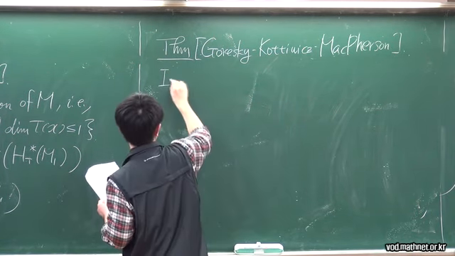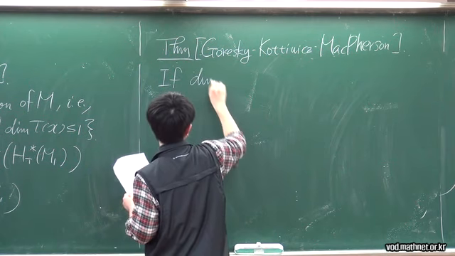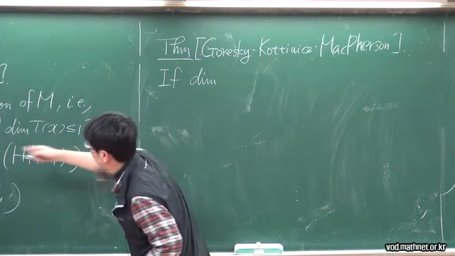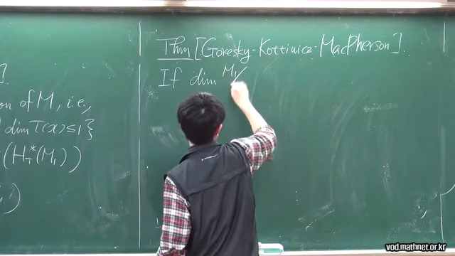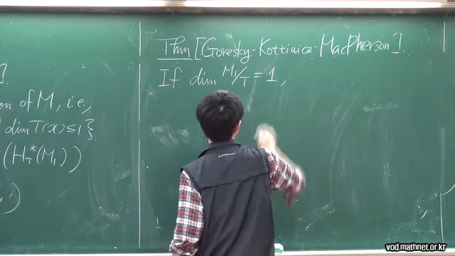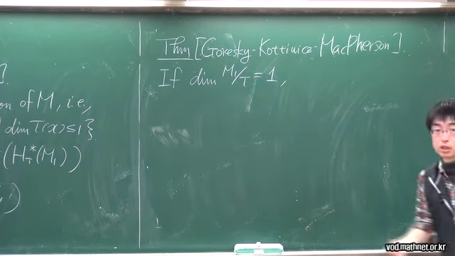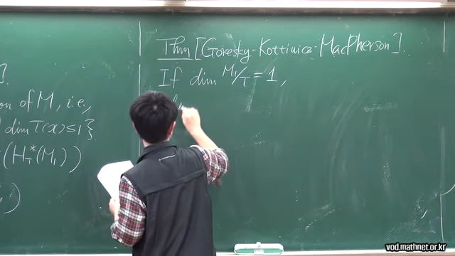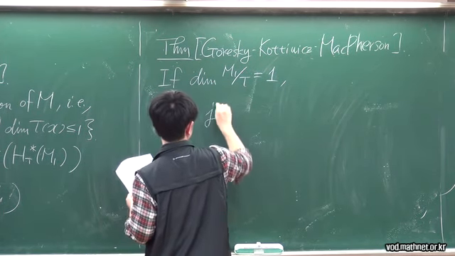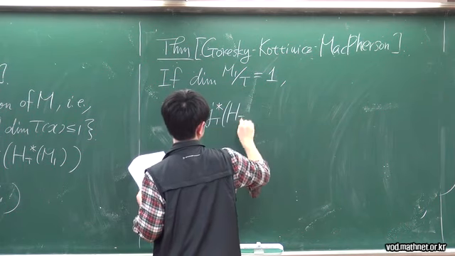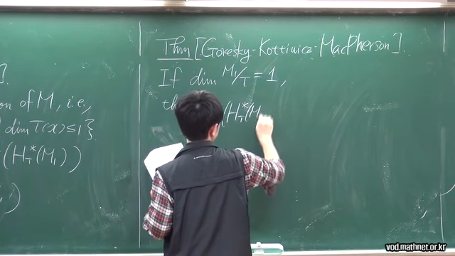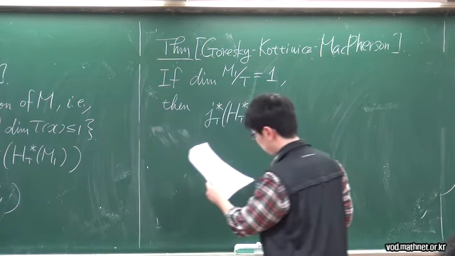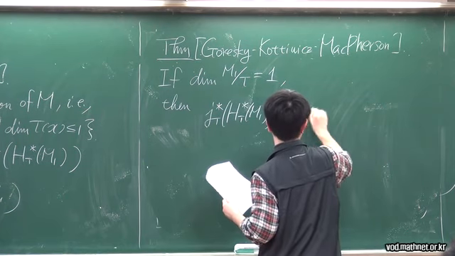If the dimension of the orbit space of the one skeleton is 1, it means that this orbit space has the structure of a graph, then the image of the one skeleton can be written this way.